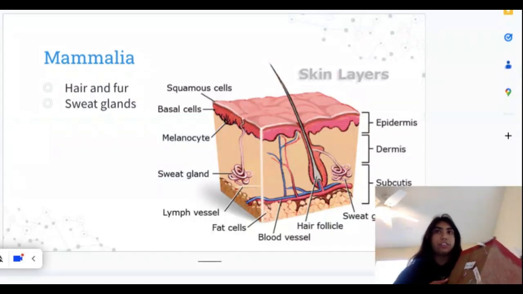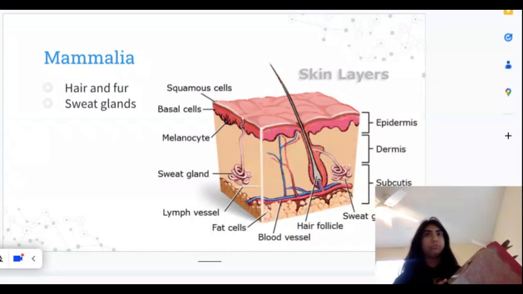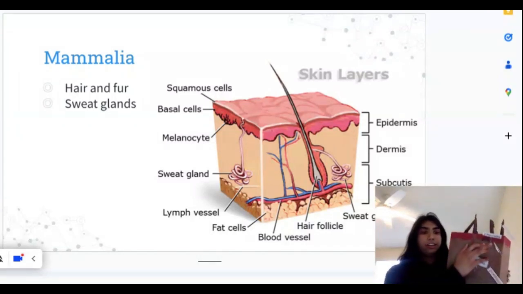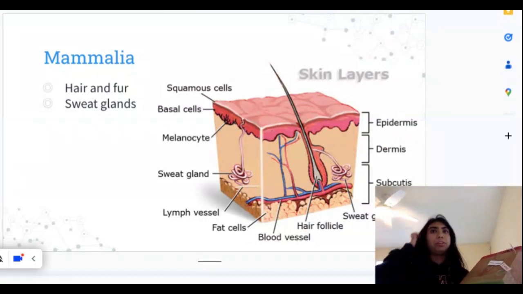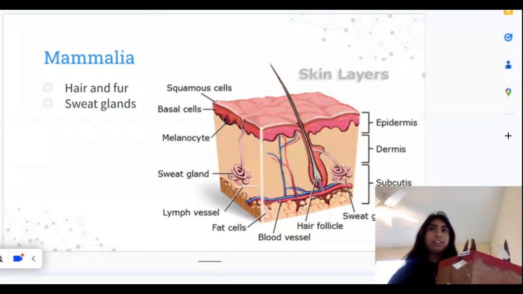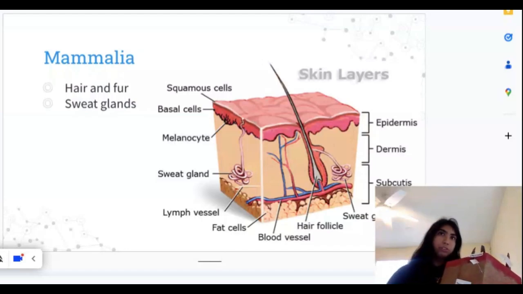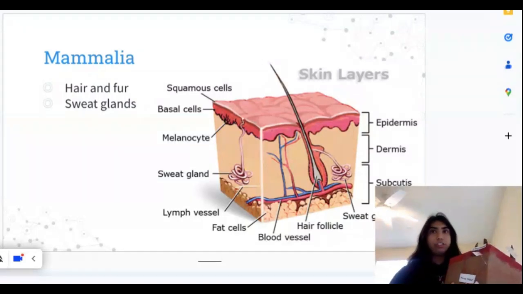The color of your skin is determined by melanin, which is produced by melanocytes here in the epidermis. Melanin determines your skin color by absorbing ultraviolet radiation.